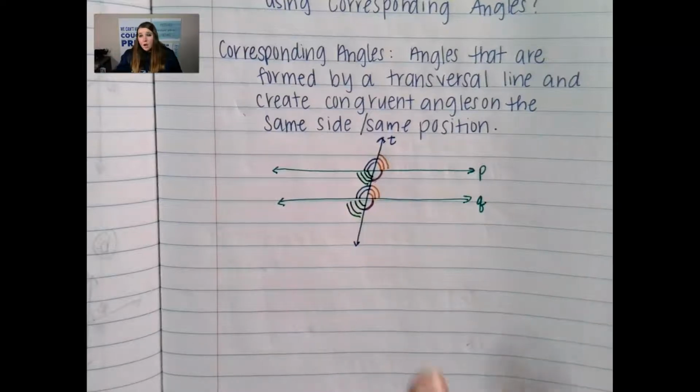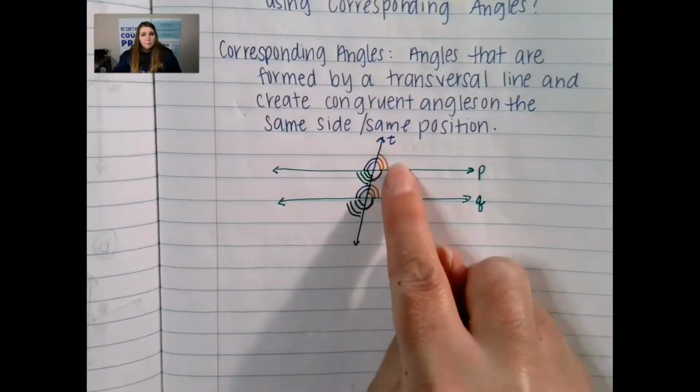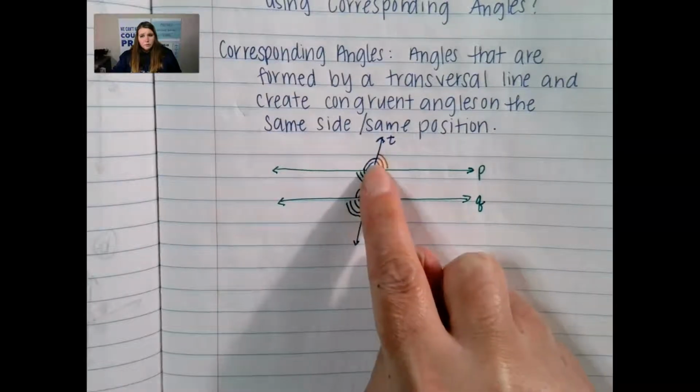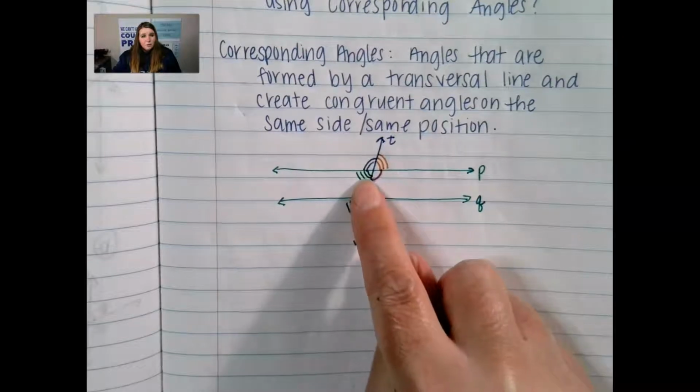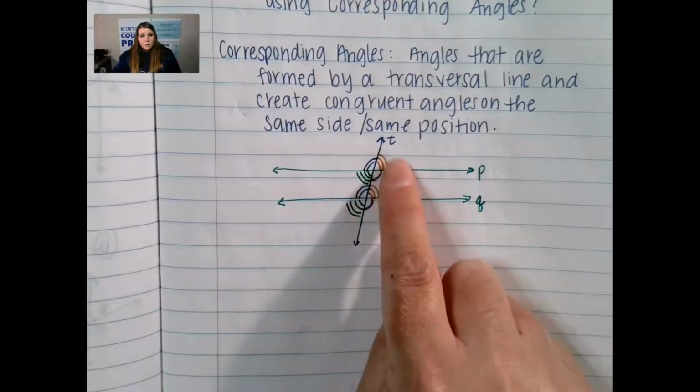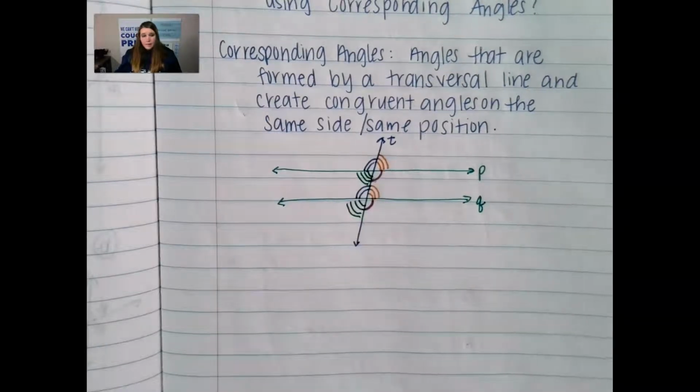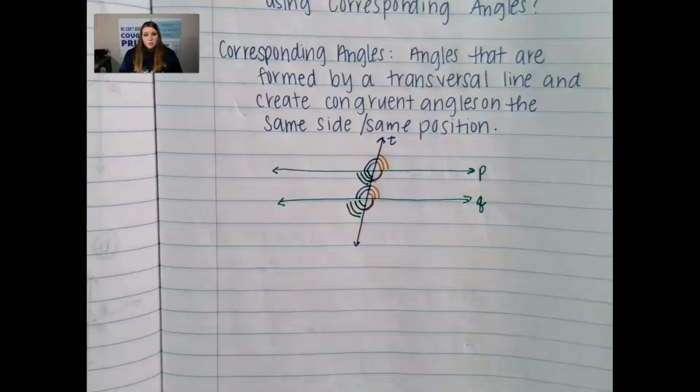However, the green is not the same as the blue. Those two are not the same. But if we were looking at vertical angles, these two are vertical. They correspond across from each other. Okay, they're vertical angles. All right, let's go ahead and put this into action so that you can see something other than just a weird drawing.